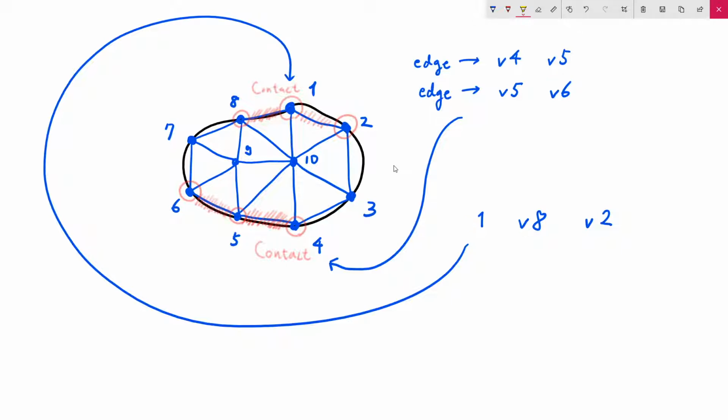Then why don't you go to our top contact? In this case, we will have vertex 1, vertex 8, and vertex 1 and vertex 2. That will be the specification for our system. So now let's come back to your previous homework number 3 example. Of course today we have homework number 4.